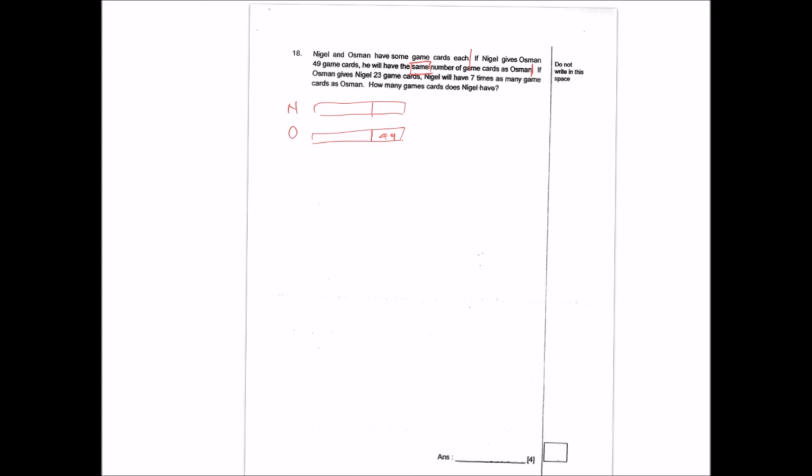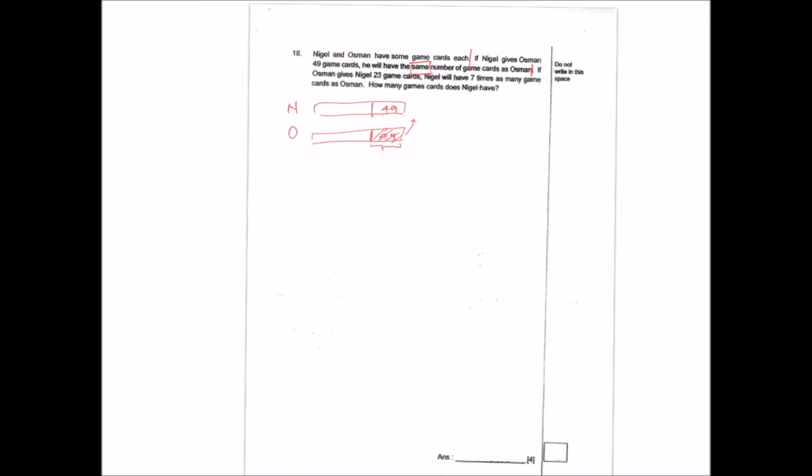Alright, not because we are going to move this block over here, but because later on when I moved Osman's 49, which belonged to Nigel at first, back to Nigel, there is a gap here that you need to know. Okay, how big it is, and then this block actually tells you that it is 49. Alright, so whenever you cut a model, you always cut another one.